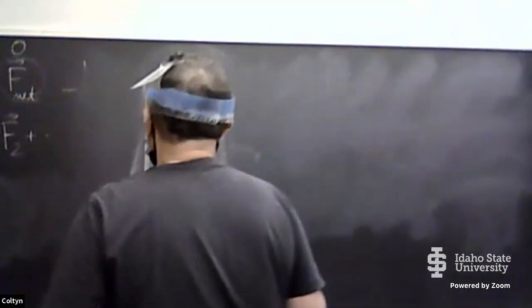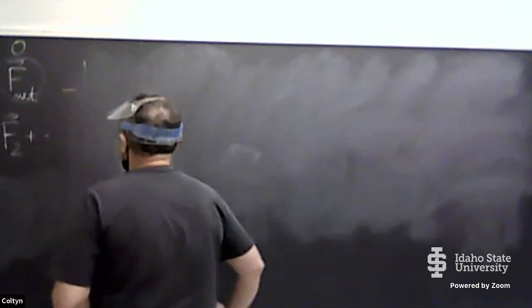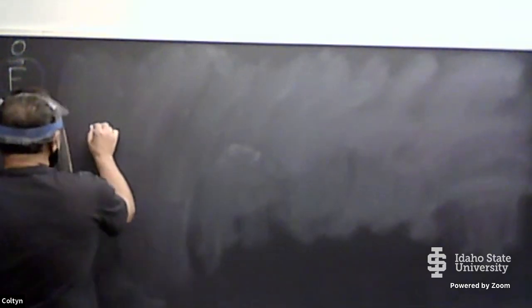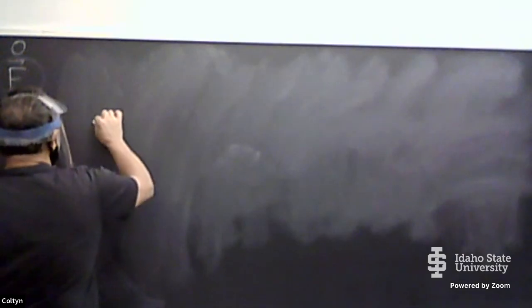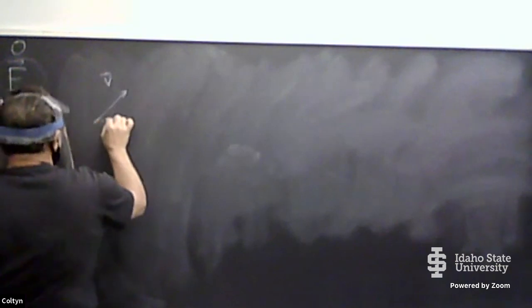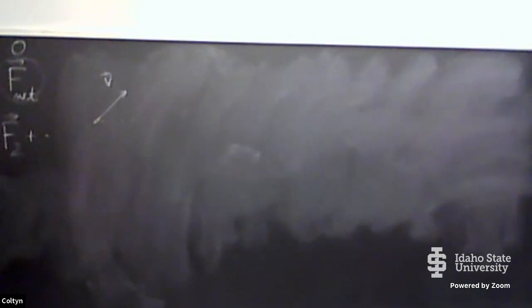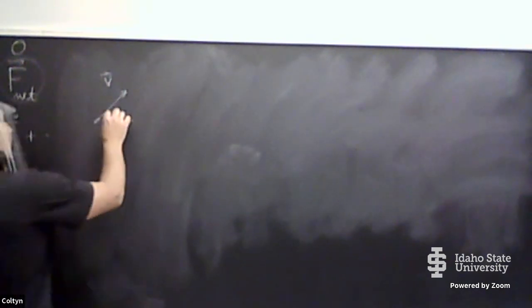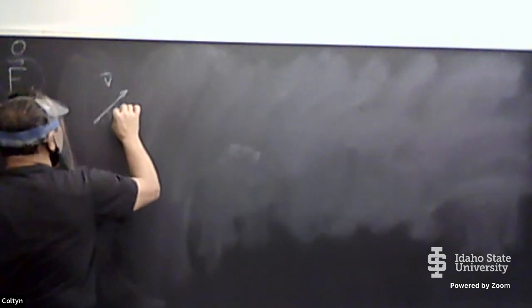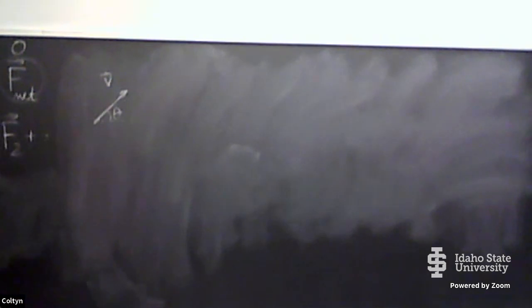But basically, part A says the following. You have a plane that is flying with a velocity at a certain angle theta above the horizontal.